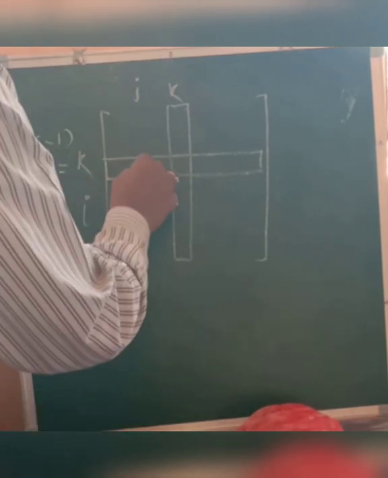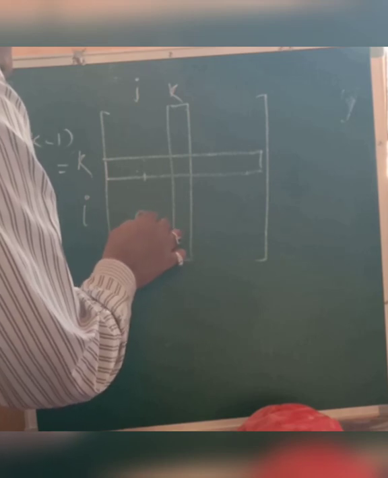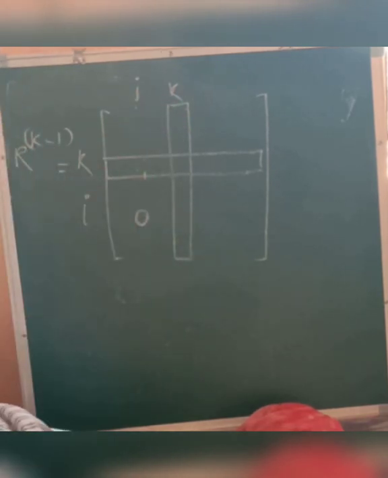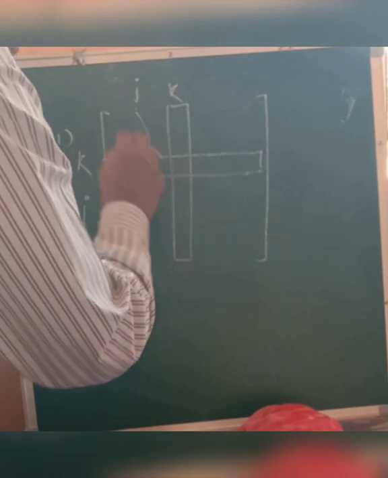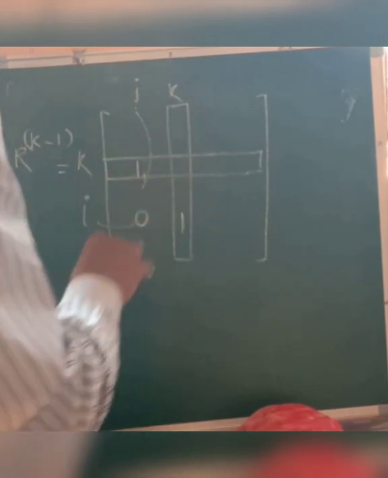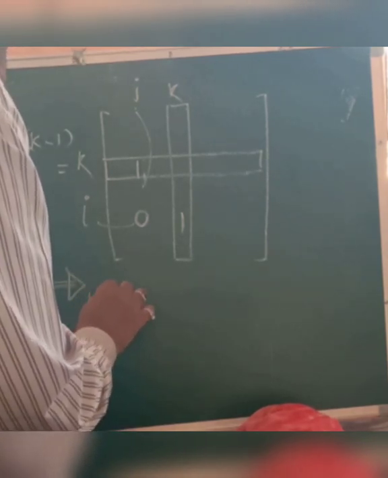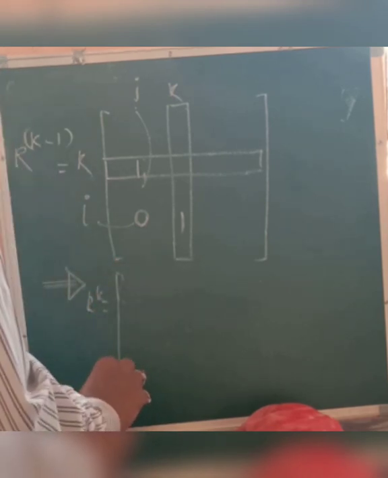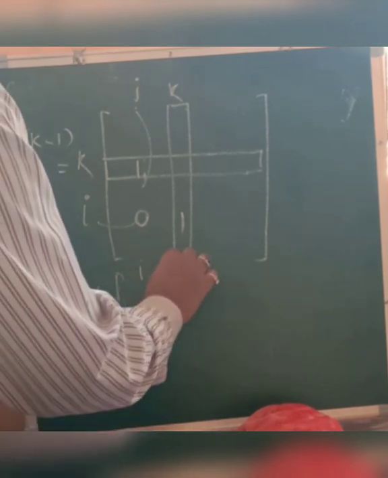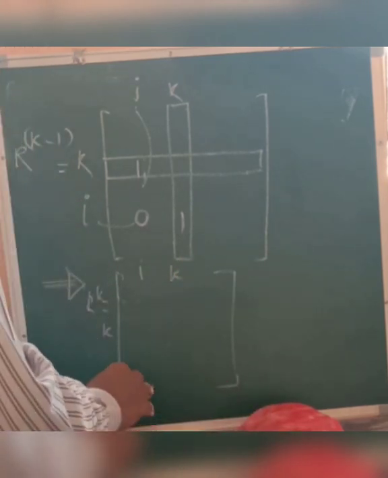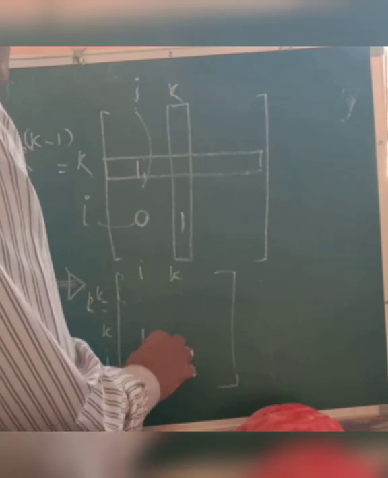The meaning is that if I get 1 here, and I get a 0 for j to i, and I put 1 for i to k and k to i, then the next matrix R(k), in the kth row and ith column, I will write as 1, and likewise for i.